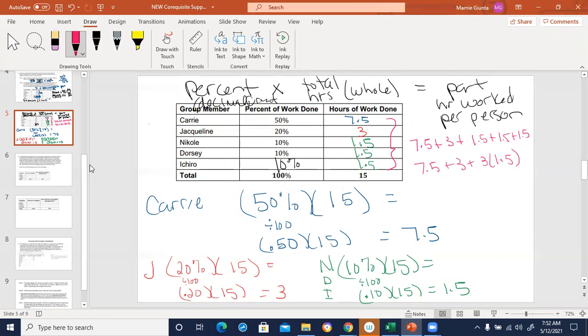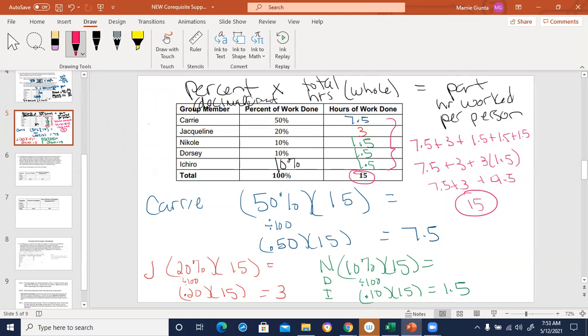So I start with 1.5 times 3, which is 4.5, plus the 3 plus the 7.5. 4.5 plus 3 plus 7.5 sums up to 15. 15, 15. Now I feel good about what I calculated.